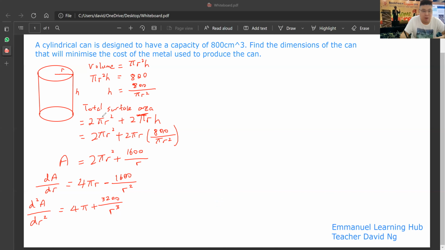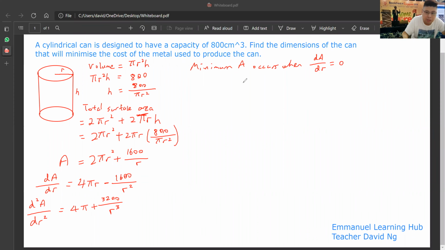Then I'm supposed to find minimum A, right? Minimum A occurs when dA/dr is 0, because your area won't change anymore. That is the minimum.